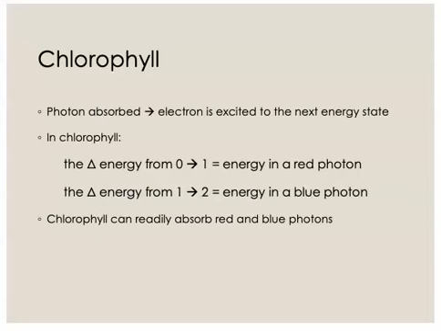And remember, blue light is down in the area of about 400 nanometers. Chlorophyll, if you remember, can absorb both red and blue photons, and so we get the maximum excitation of the electrons possible.